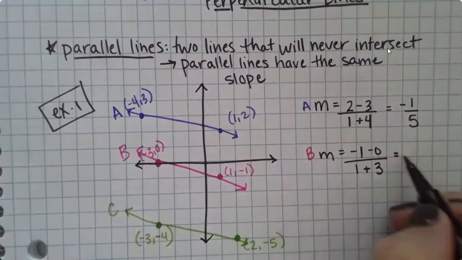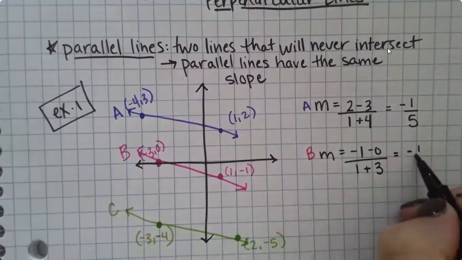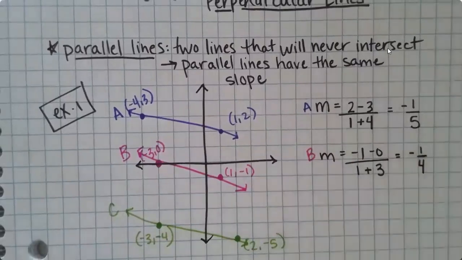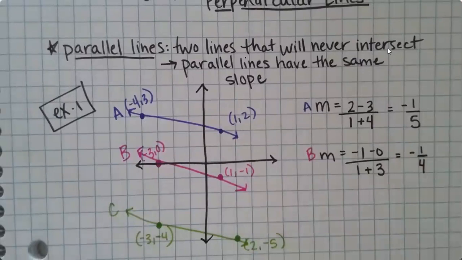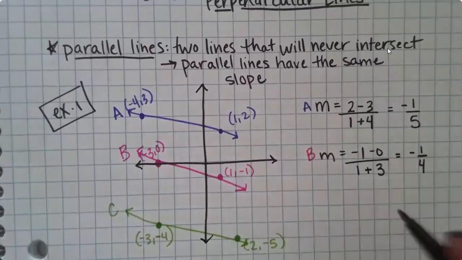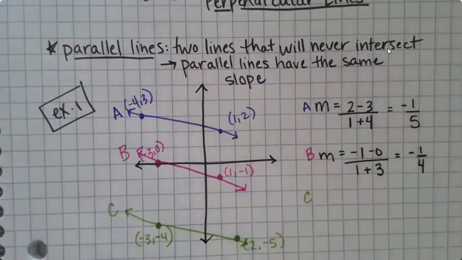This gives us a -1/4. So far, we can see that line A and line B are not parallel. They have different slopes. So these are not parallel lines. My guess is that probably line C will be parallel to one of them, since that's what the lesson's about.